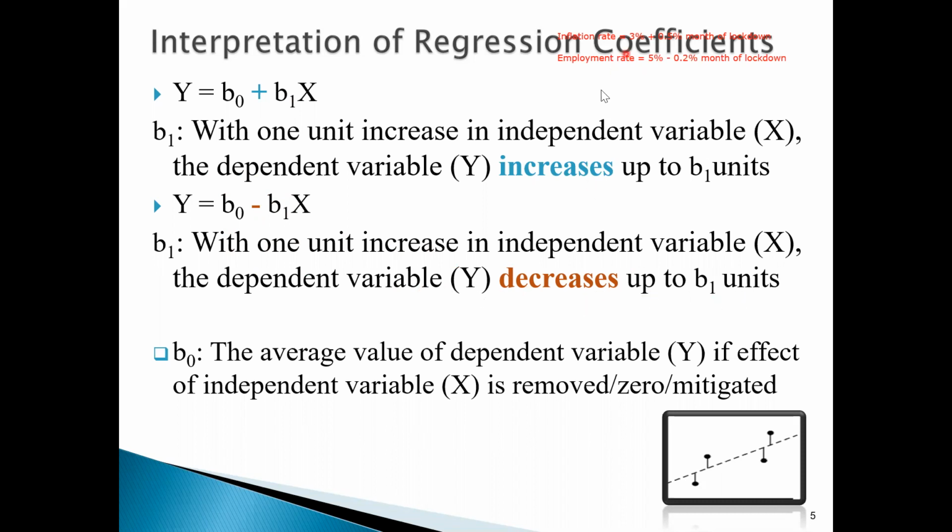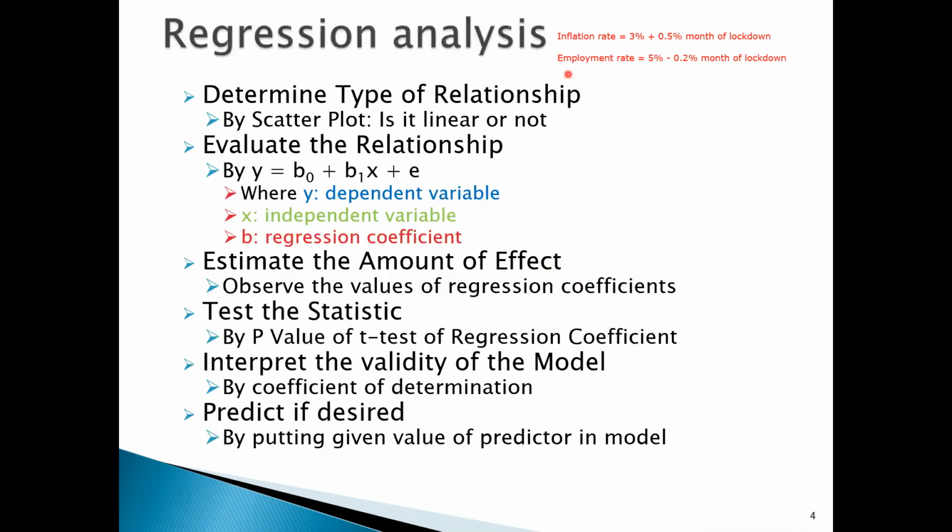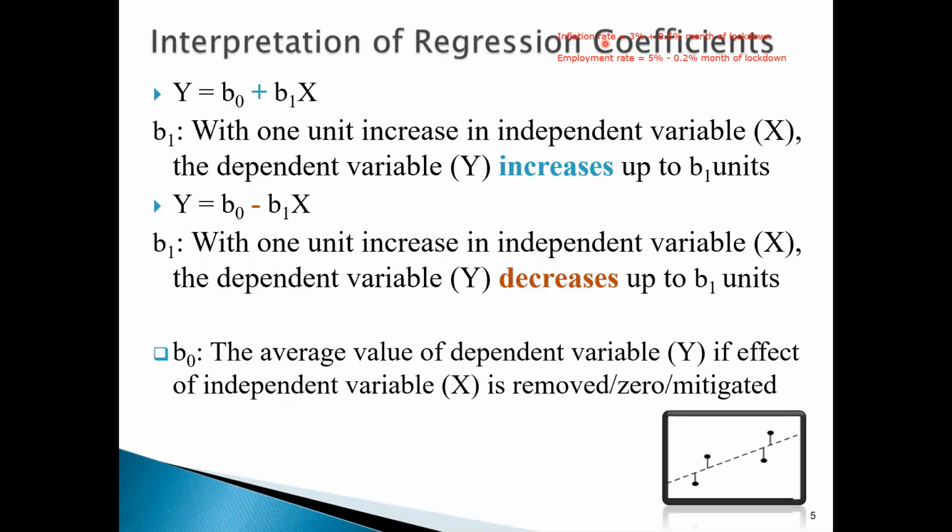So in our first example, when we had 3% plus 0.5%, 3% is the B naught, 0.5% is the B1, and it is a positive quantity. We will say with the increase of the months of lockdown, the inflation rate increases by 0.5%.